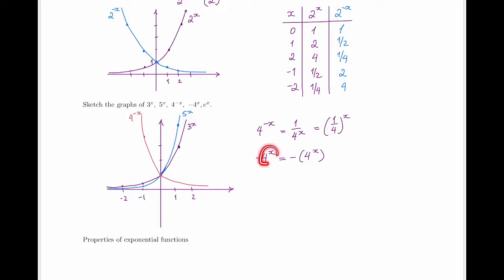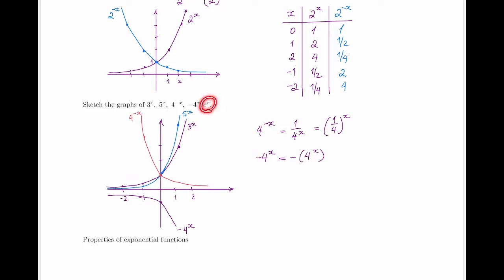Rather, it's 4 raised to power x that has been negated. Okay, now that just means that I'm looking at the graph of 4 to power x, and then I am reflecting it in the x-axis. So it's actually going to be a graph that looks something like this, probably a little steeper on this side to make sure that it's somewhat consistent, because its counterpart on the right side would have to lie between 3 to the x and 5 to the x. So this is minus 4 to power x. Okay, so be careful about where the minuses occur and how they affect the graph.